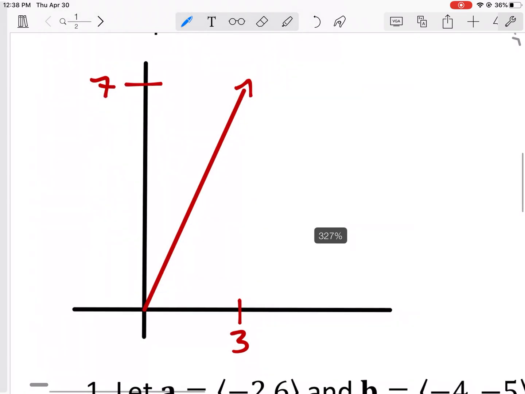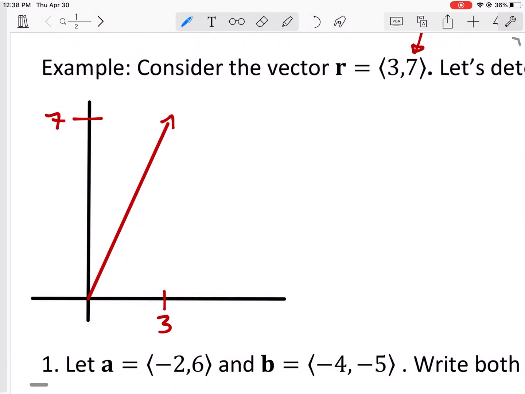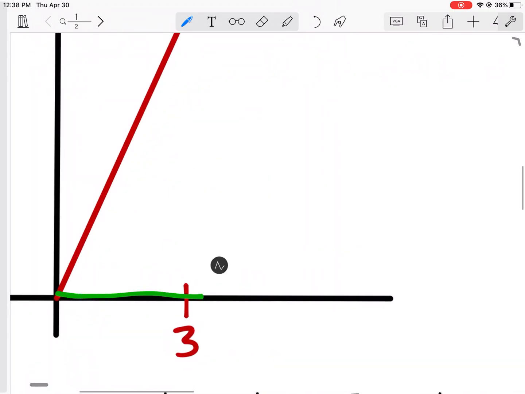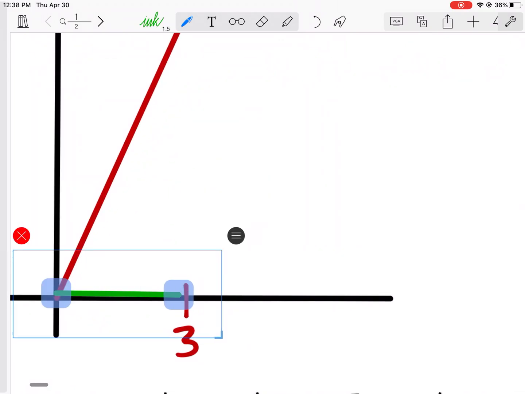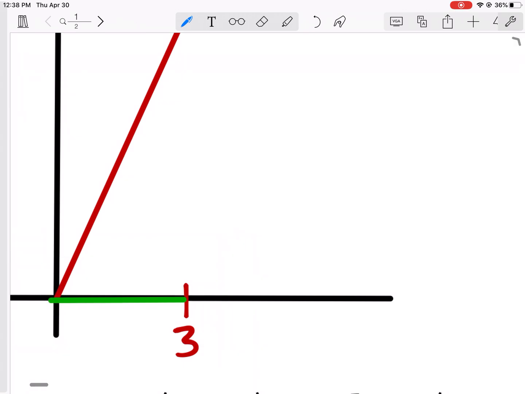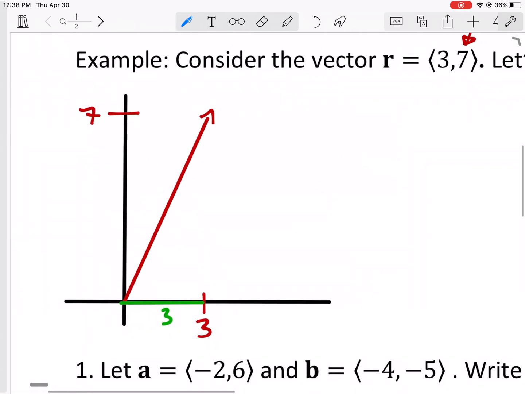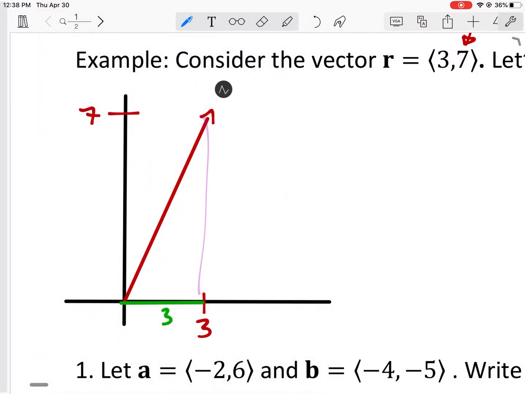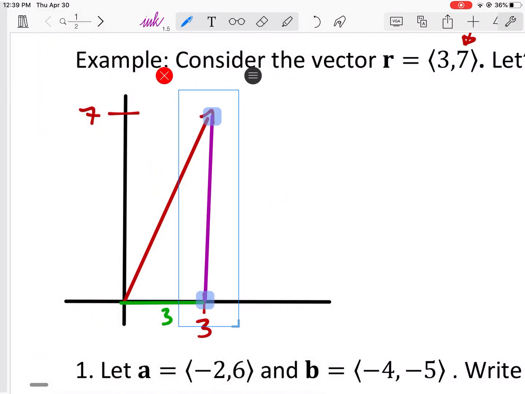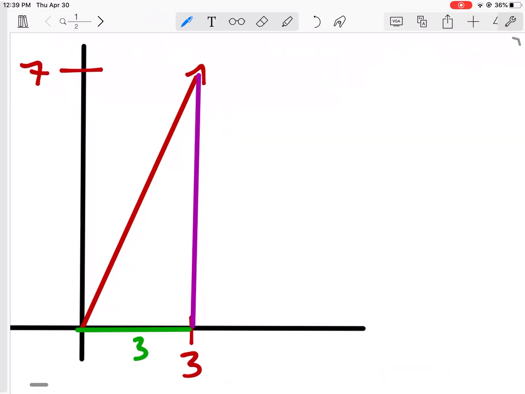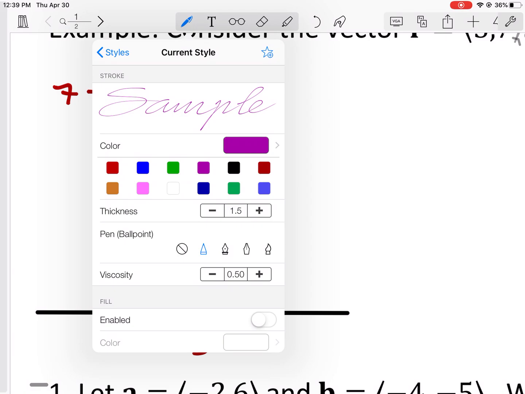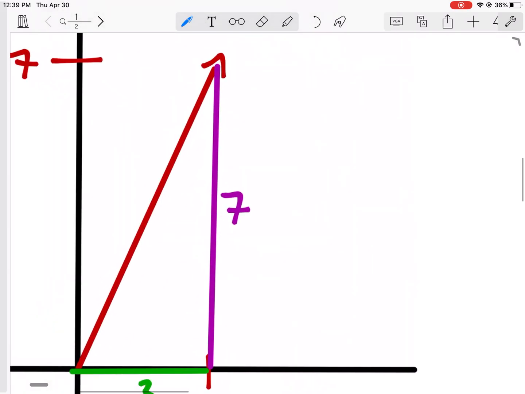Alright, so when we talk about it this way, we can really just refer to components as lengths. So the horizontal component we'll just consider as a magnitude, as just the length 3 right now. So it's just positive 3. And the vertical component we can just consider as positive 7. And what we're looking for here is the magnitude and direction.